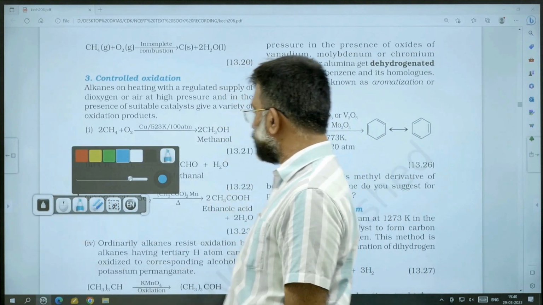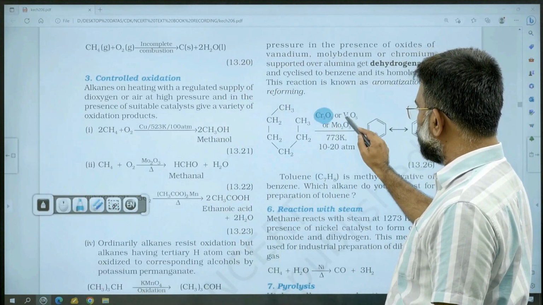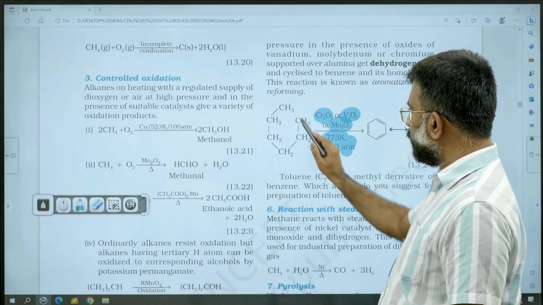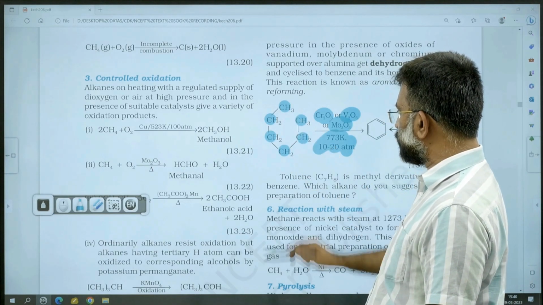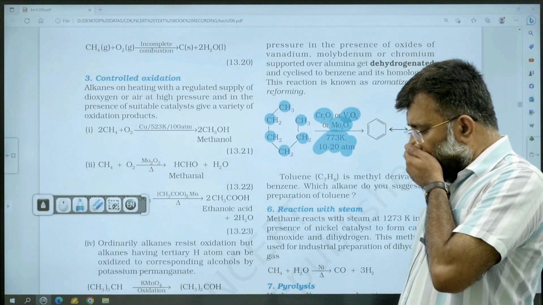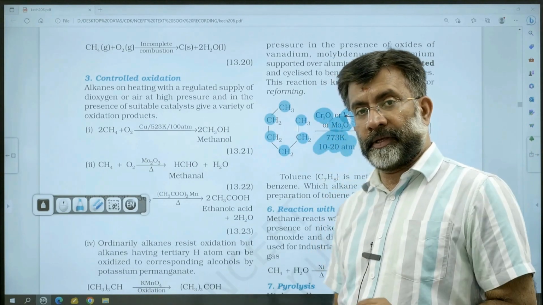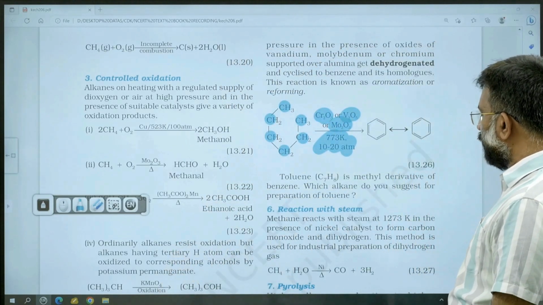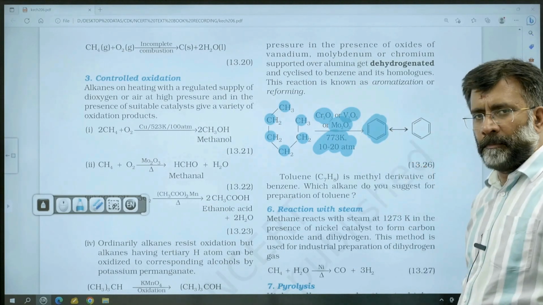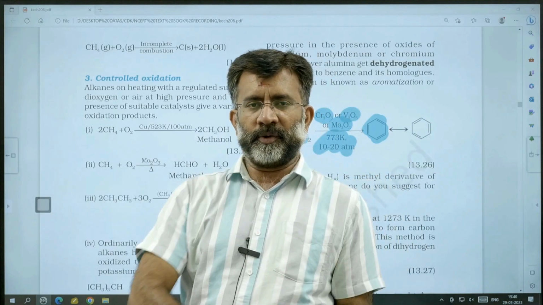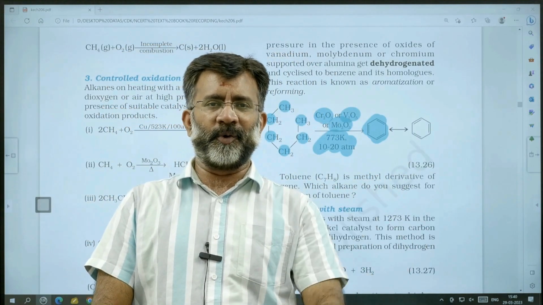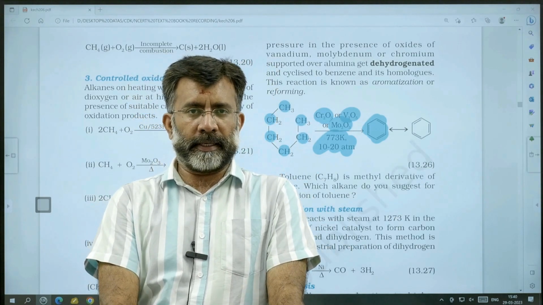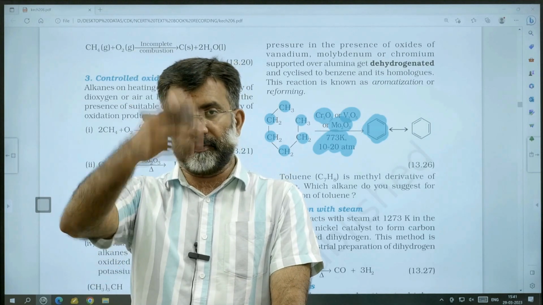Nowadays the reactions are supported by chromium oxide, vanadium pentoxide, molybdenum oxide, under high temperature and pressure conditions. Here with 6 carbon atoms, normal hexane is converted to a 6 carbon aromatic system, benzene. First you will get cyclohexane and that will be dehydrogenated to get benzene. 6 carbon atoms, you get benzene. 7 carbon atoms, you will get toluene, like that. So 6 or more carbon atoms upon heating with a suitable catalyst at a high temperature. Earlier we were using platinum.